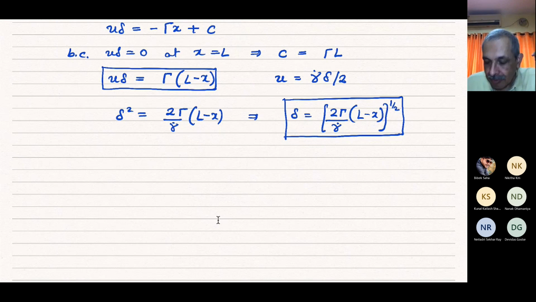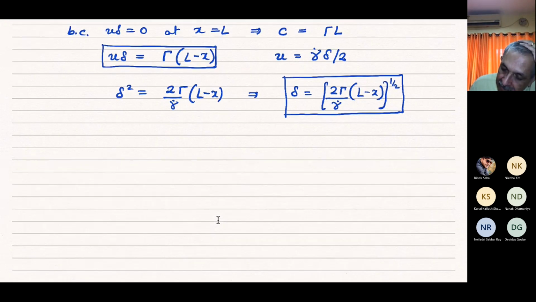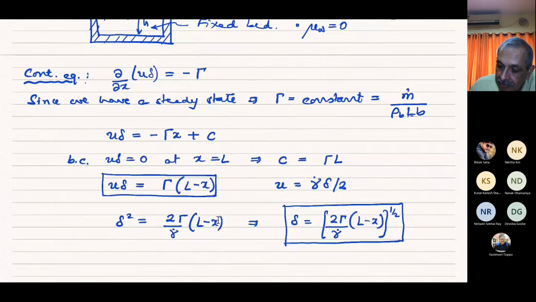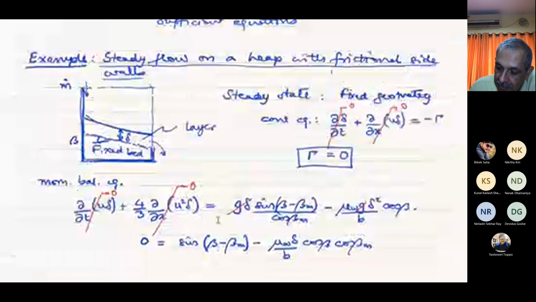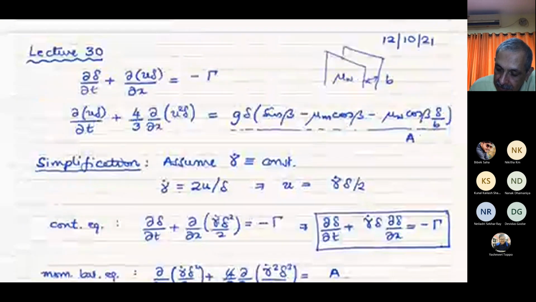Then finally we can write down the momentum balance equation, again with del by del t terms equal to 0. Let me go back in our lectures and we'll see what the momentum equation looks like.